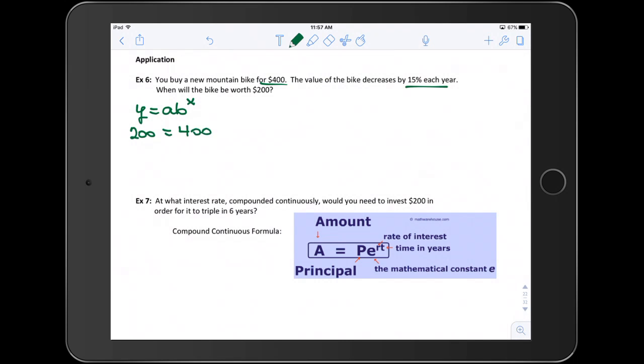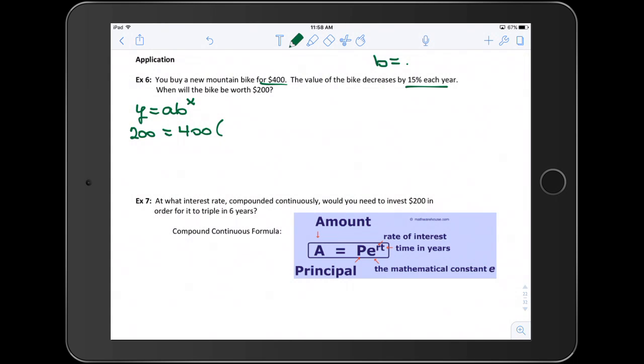I don't want to be too redundant of what I did in earlier sections, but I do want to say that for b, the growth or decay factor, you do not use 15%, because we always use decimal form in calculations, and that is how much is taken away. The growth or decay factor is what remains when we're talking about decay.